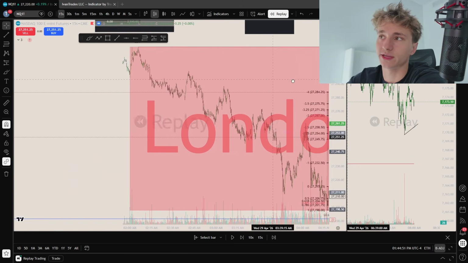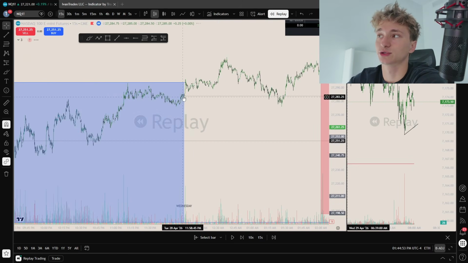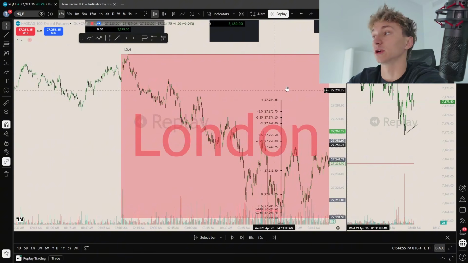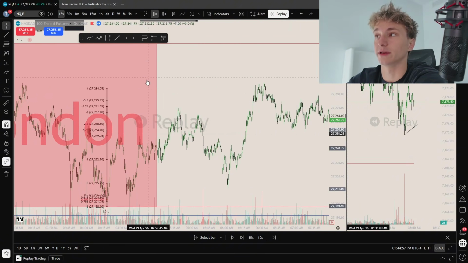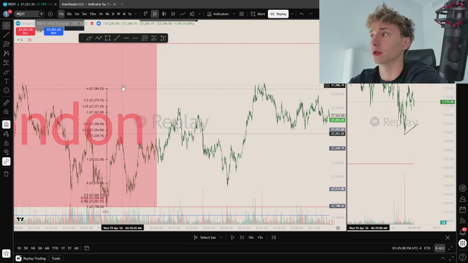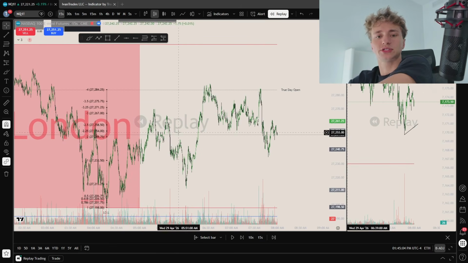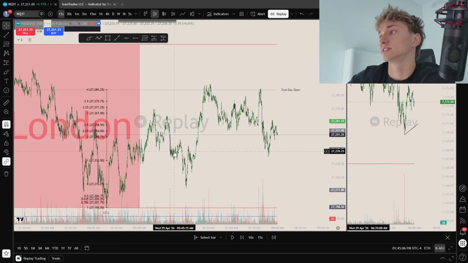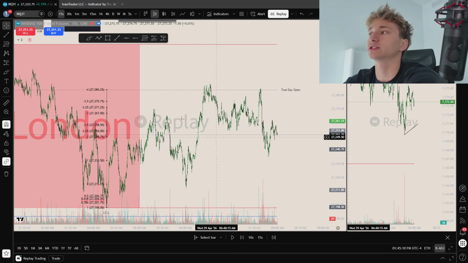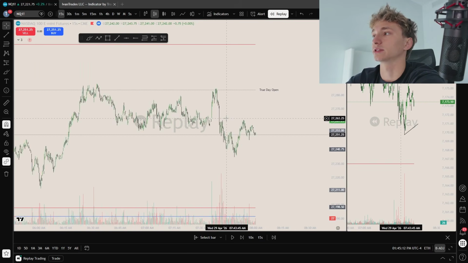And if you don't know what it is, that dotted line is true day open. So -4 true day open, now you know we have to come up here. And when we do, that's exactly where market rejects. So now we understand, okay, the market is now selling off. So there is potential for us to just go straight for London low, right? Let's try and find some targets.